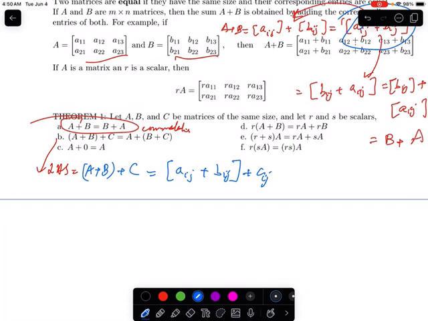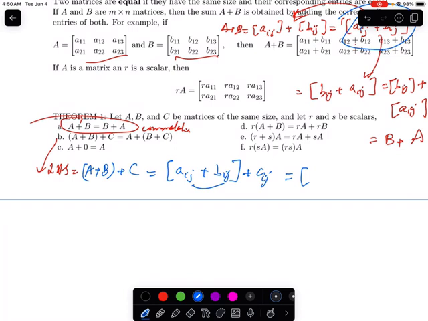Now, recall the addition we just defined of two matrices will be that their corresponding entries are added. So now we can say this is equal to bracket for the matrix notation. And now I will keep this entry in parentheses because there are two terms.